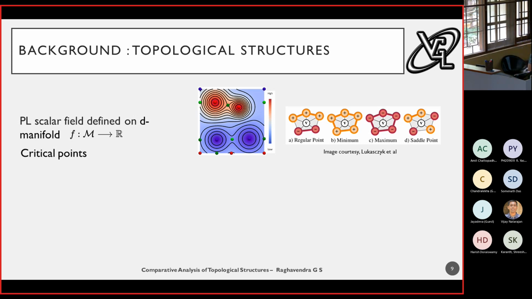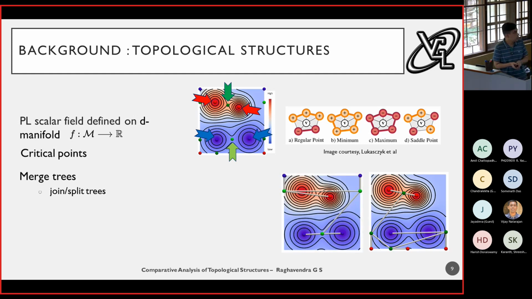So once we have these critical points, which are minima, maxima, and saddles, we can use them to build a data structure called a merge tree. What the merge tree does is capture the way the connectivity of these level sets changes when we change the function value from low to high or high to low. So let's consider the lowest function value.